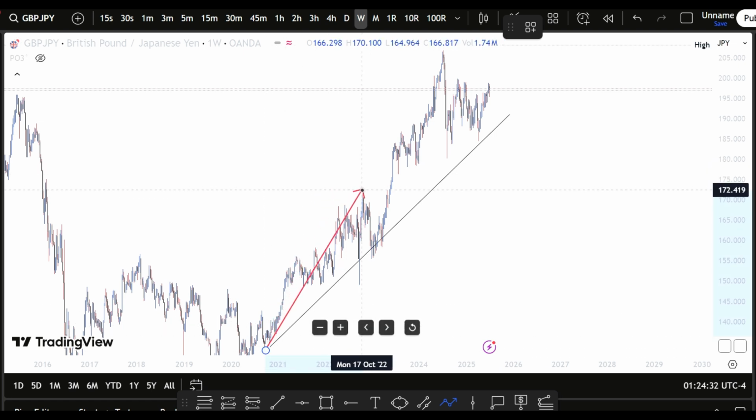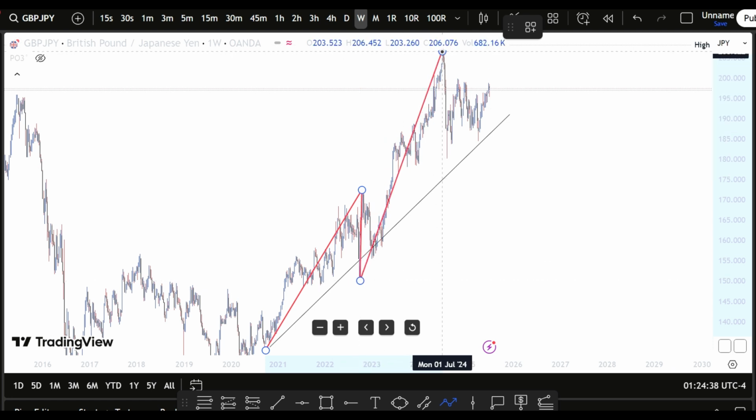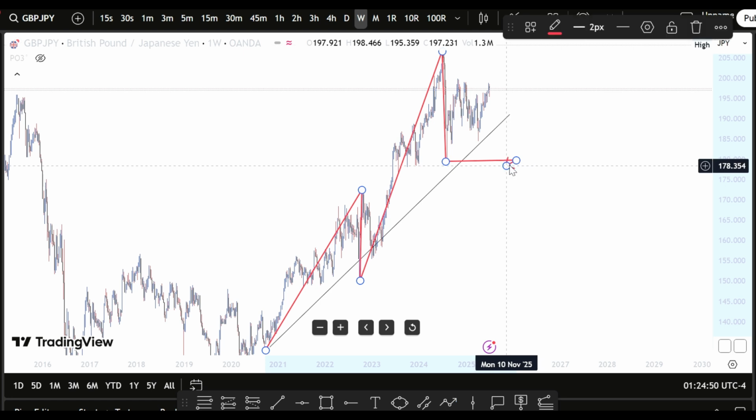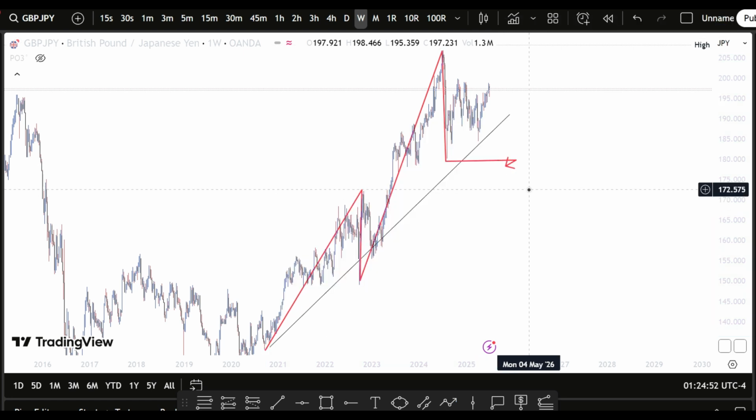Price came, did this, came back here, and created this high. And this high created this low, which has been respected. Now you can see that my bias for this trade will be bullish.